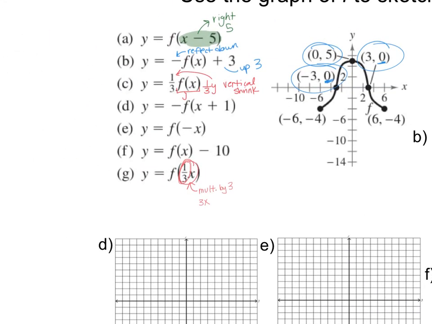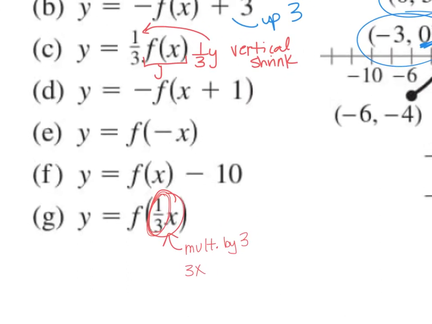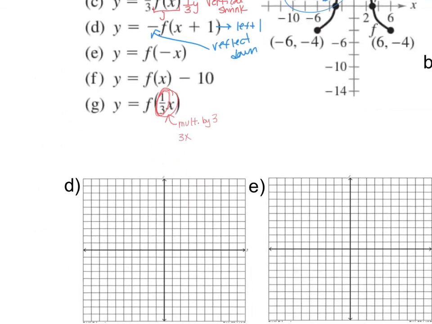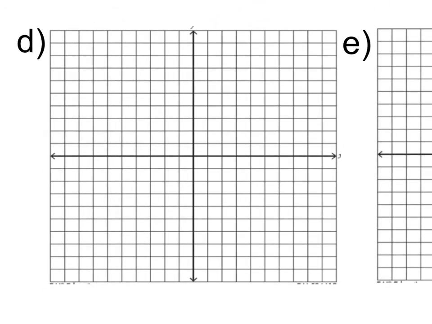All right, now the others, a little bit more basic in terms of our changes. Here we've got the negative on the outside, and so we're going to reflect it down. And then this -1 tells us we're going to go to the left one. So we're going to flip it upside down and move it over to the left one. So if we do that on letter D, I would flip upside down to 1, 2, 3, 4, 5 down, but then move it over to the left, and then get rid of that mark there. So I'm going to go ahead and just graph them and only put the final mark.